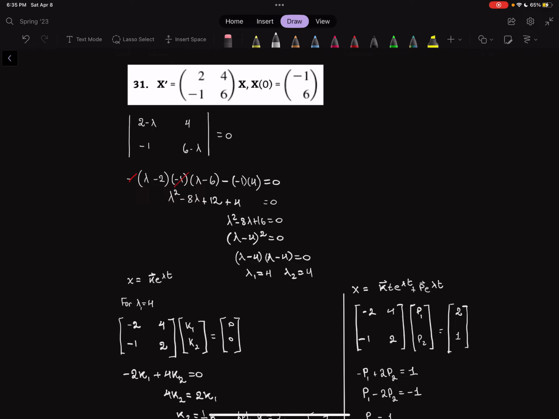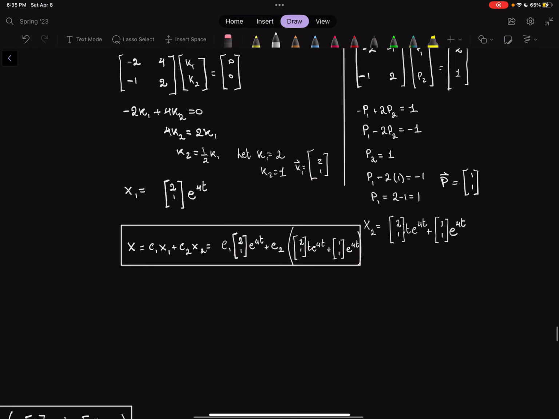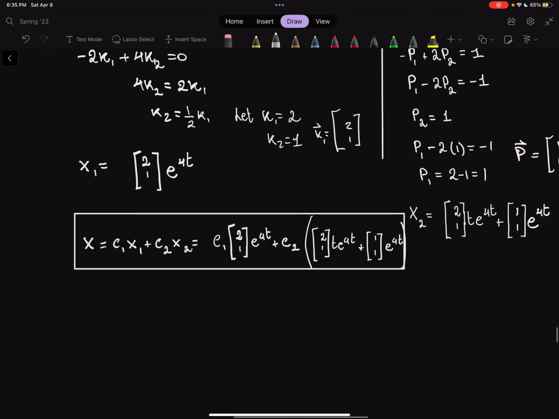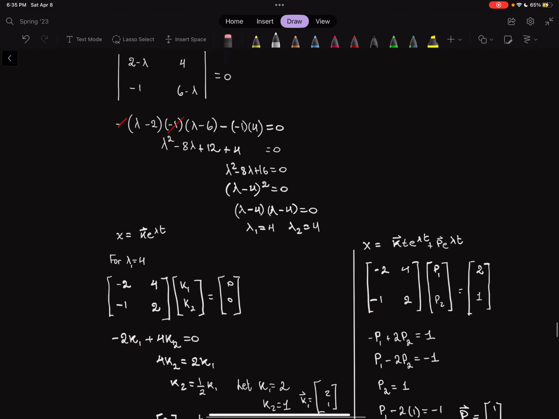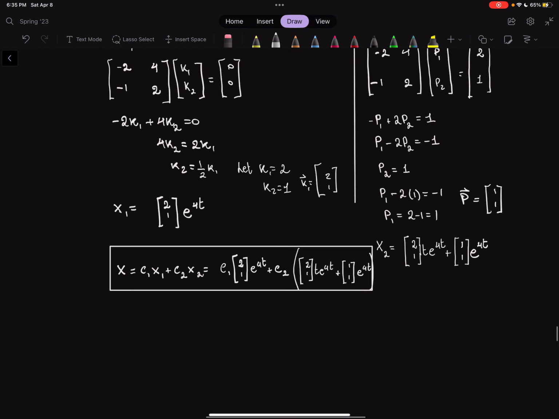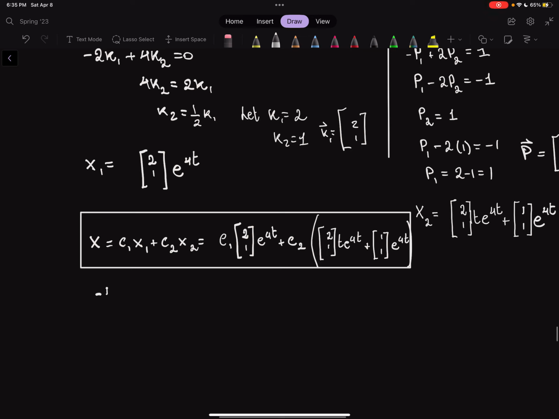And it's at x of 0. So that means when t is equal to 0, we get that vector, we get -1 and 6. So we get -1 and 6 here, happens when we get C1.